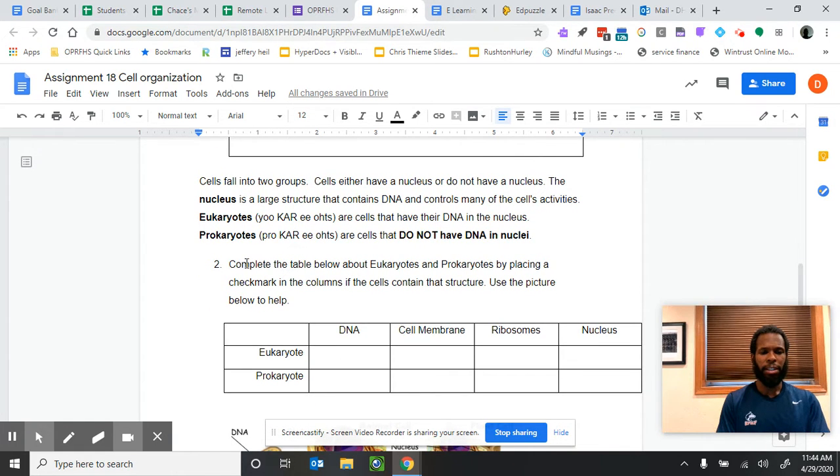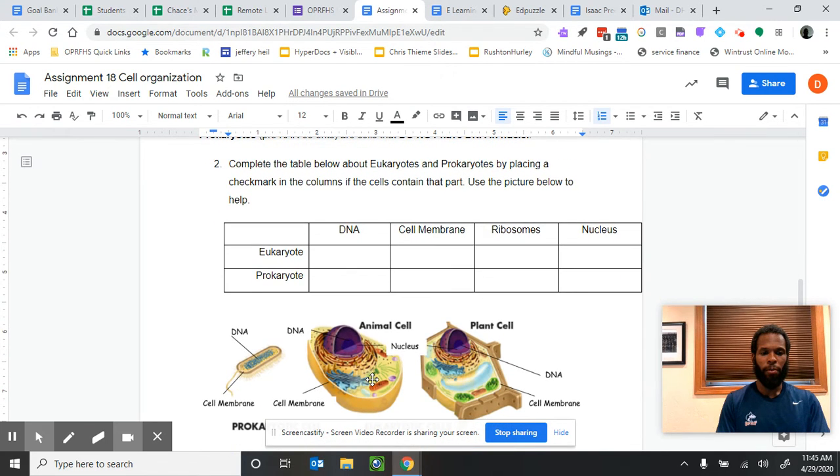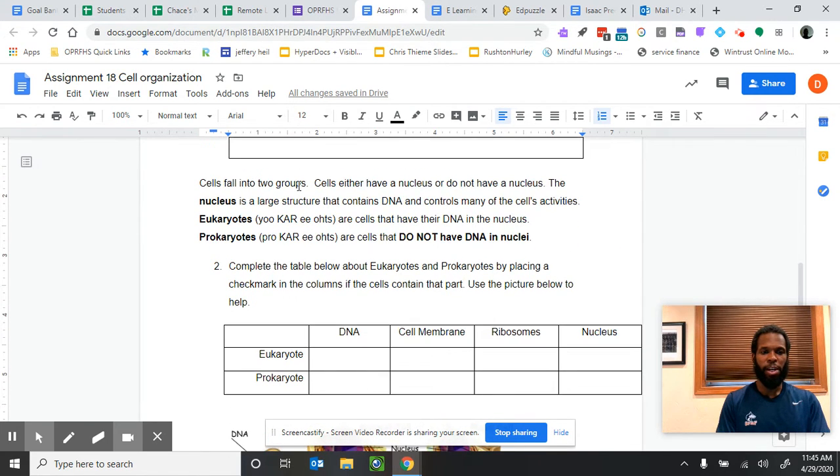It says, complete the table below about eukaryotes and prokaryotes by placing a check mark in the columns if the cell contains that part. Use the picture below to help. So we're going to use this picture below and this reading here to help us complete this table right here.